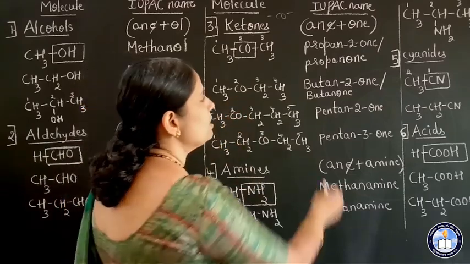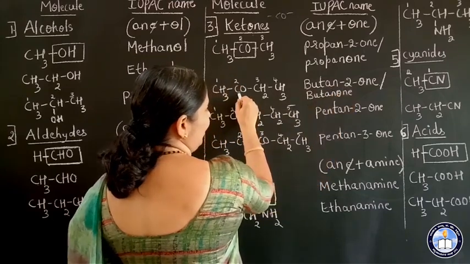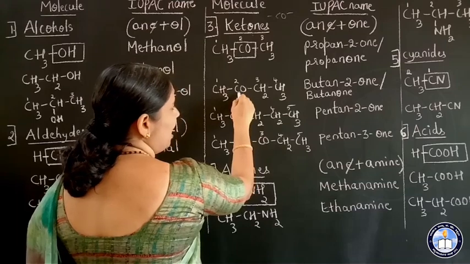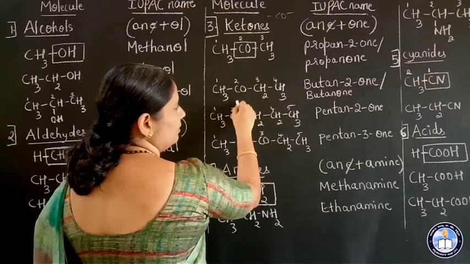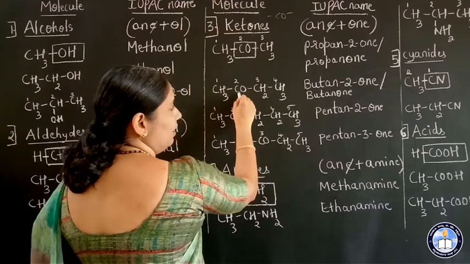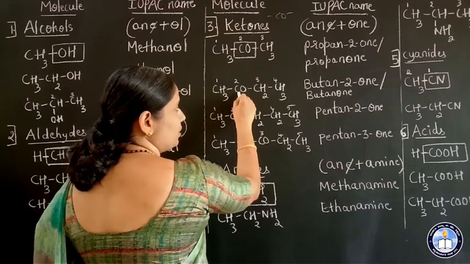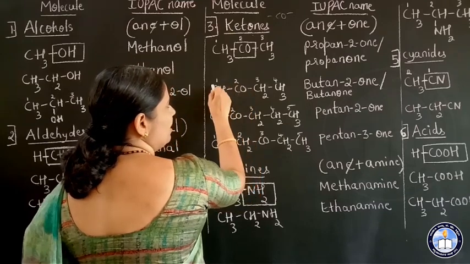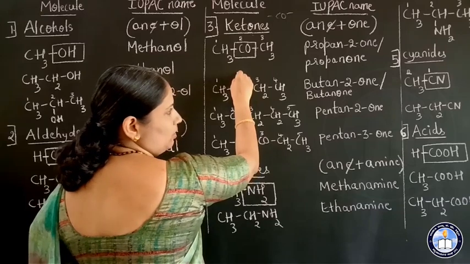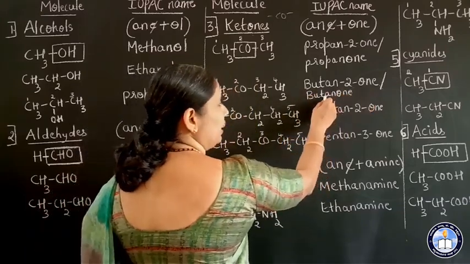So AN, then the carbon atom is the carbonyl carbon here. How do you number this chain? The functional group should get the lowest number. The carbon atom of the functional group should get the lowest number. So I should number it as 1, 2, not in this way, 1, 2, 3. That is wrong. So butan-2-one, or you can write butanone.